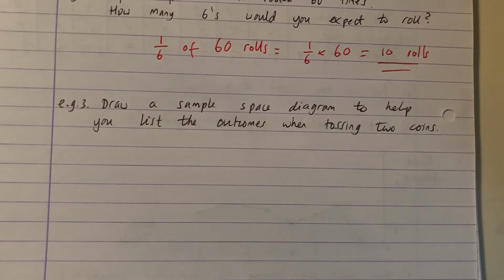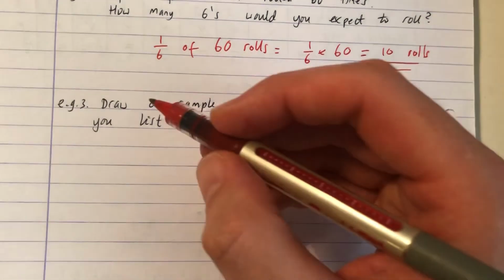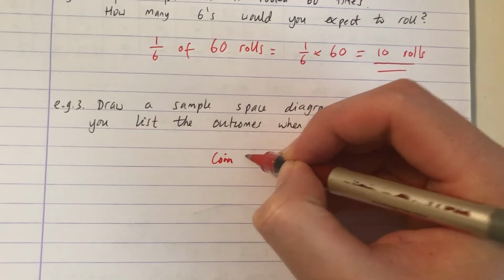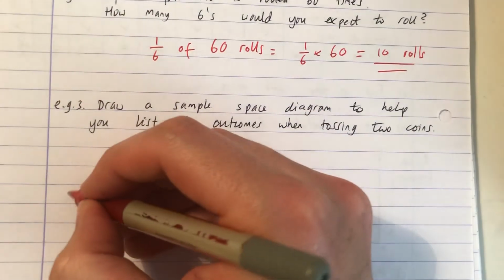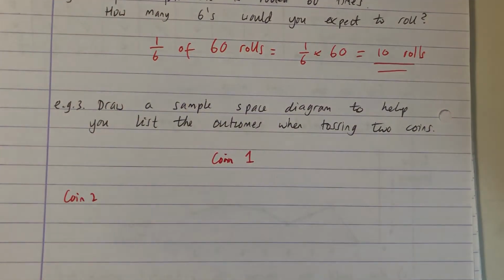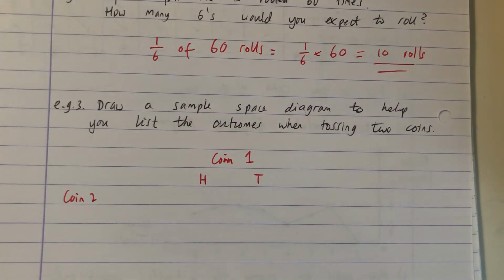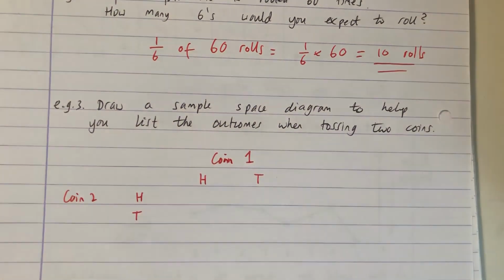Example number 3, something you've done before or should have done before, is sample space diagram. Draw a sample space diagram to help you list the outcomes when tossing 2 coins. So the way this works is there are 2 coins. So you've got coin 1, and you have coin 2. You draw a diagram and you list the outcomes for coin 1 and coin 2. So it's either head or tail. We never assume it's going to land on its side. Head or a tail.